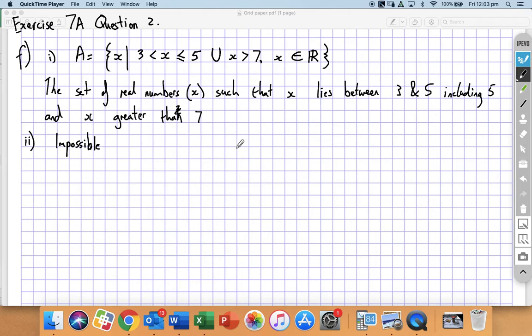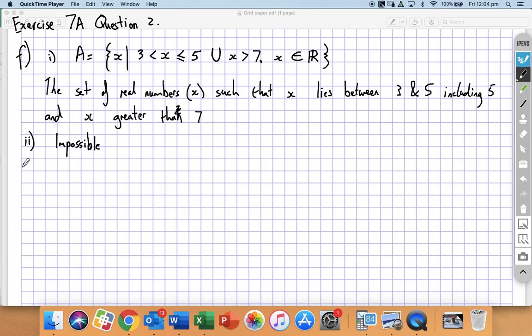Real numbers includes all rational and irrational numbers in between the integers and the integers themselves. So there's just an infinite amount to list, so it cannot be done. You would be there for an infinite amount of time trying to list all those numbers.